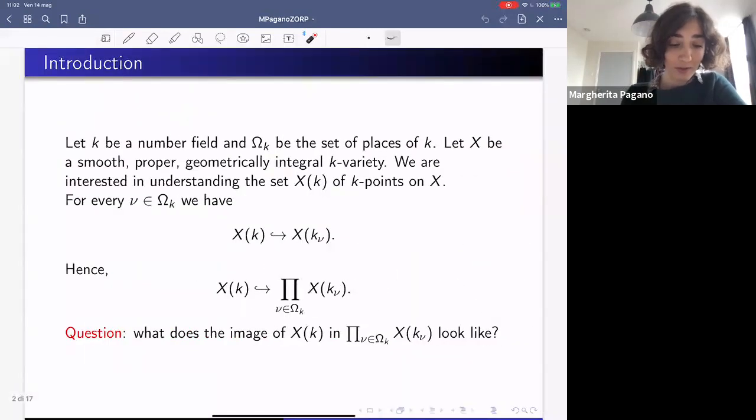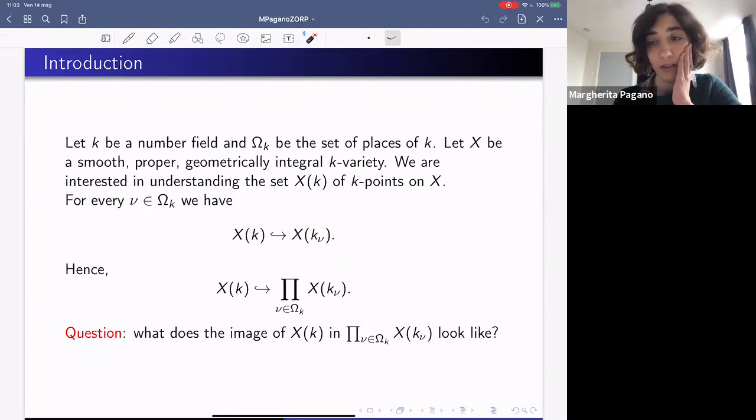Okay, so let's start with some notation. During this talk, I will denote by K any number field, and by this capital Omega_K the set of places of K. For every place nu in Omega_K, I will denote by K_nu the completion of K at the place nu. If you're not familiar with this, just think about the rational numbers.